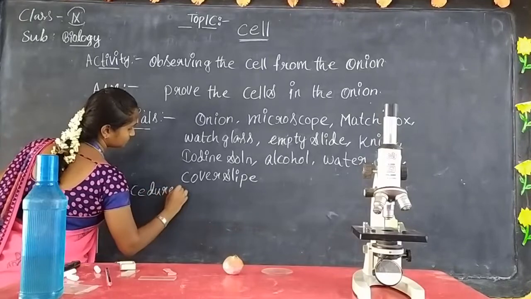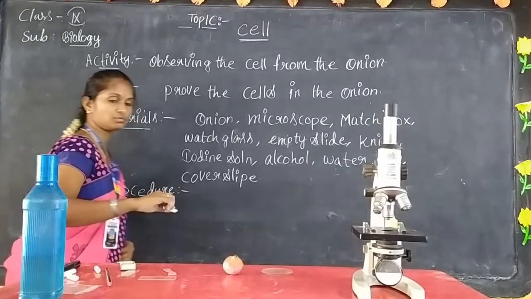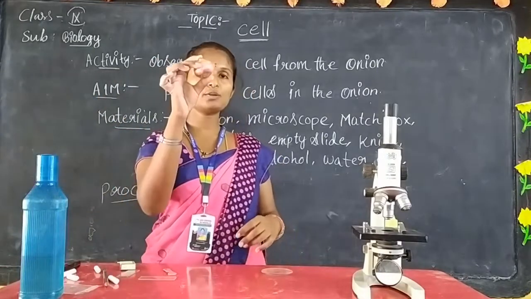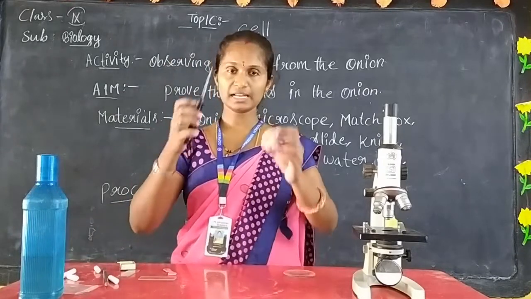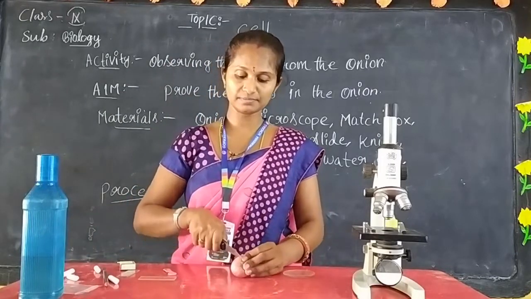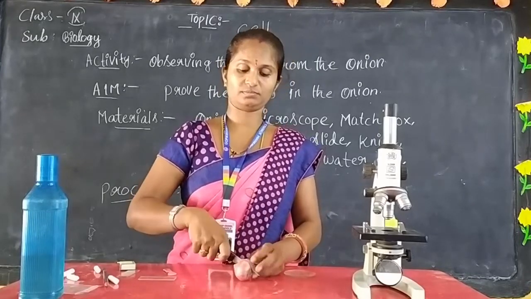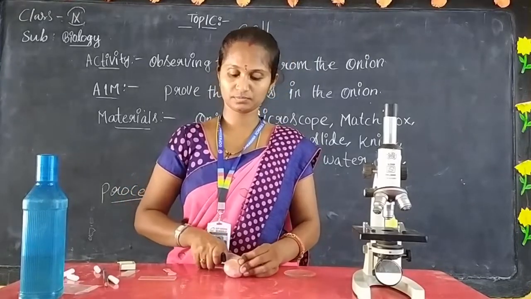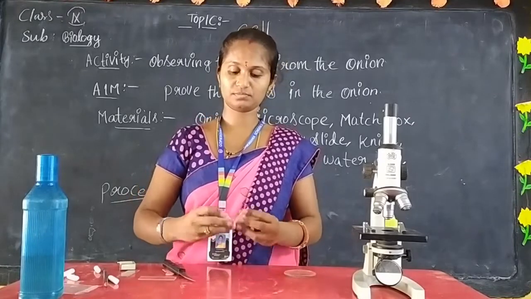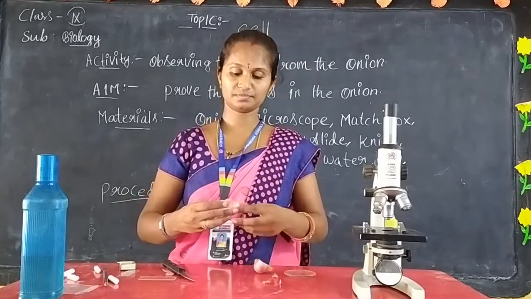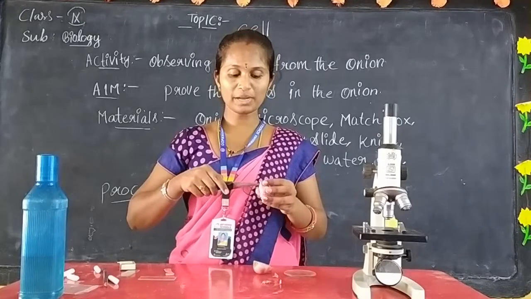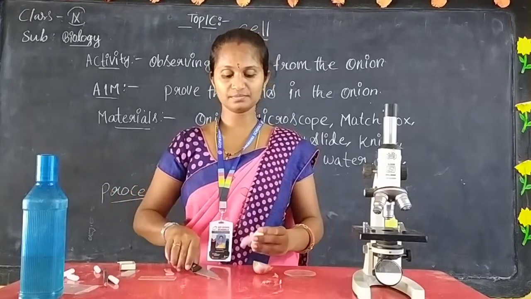Procedure. What we need to do? Take one full onion and cut it into 2 pieces. Remove one clove from the onion.